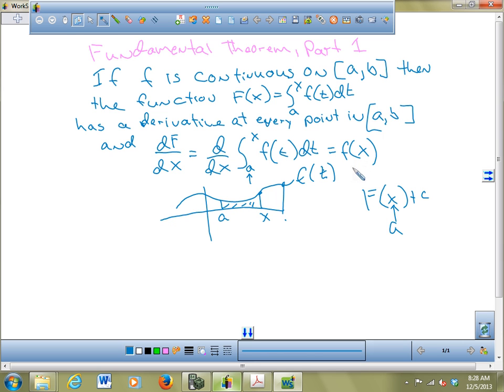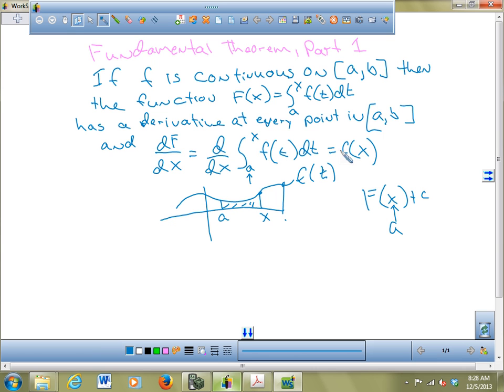Okay, it's kind of weird. All right. Yes. What if the function is continuous, but it goes straight upwards? If it has a vertical tangent. Yeah. And it still works. Okay? Still works.